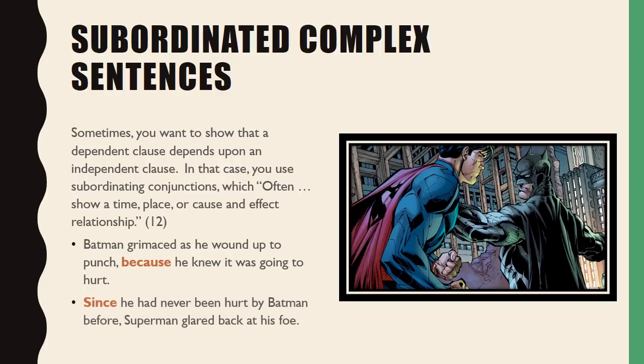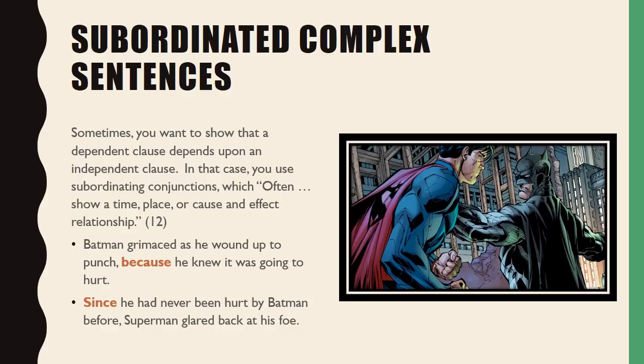A second example says, since he had never been hurt by Batman before, Superman glared back at his foe. And again, we're showing a cause and effect relationship. Superman's glaring at Batman because he's never been hurt before. He's not expecting to be hurt again. So we can combine both of those sentences so that they operate together.